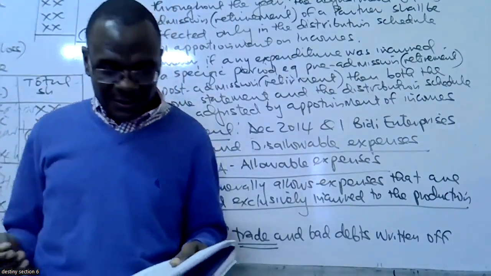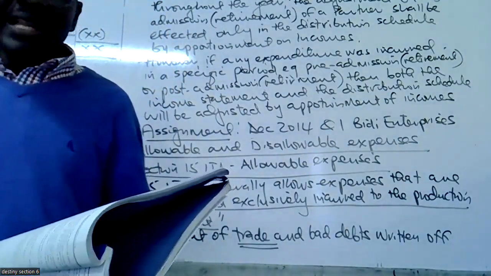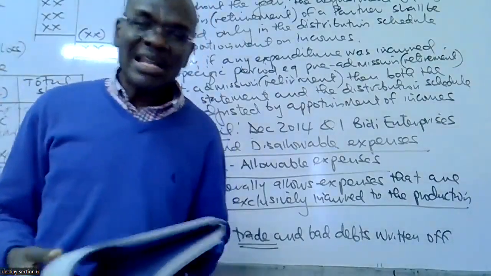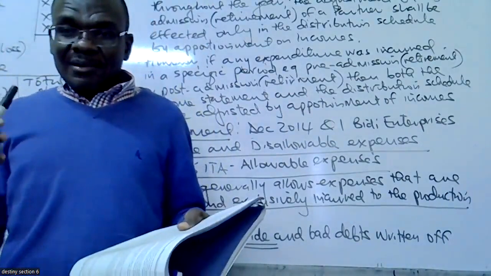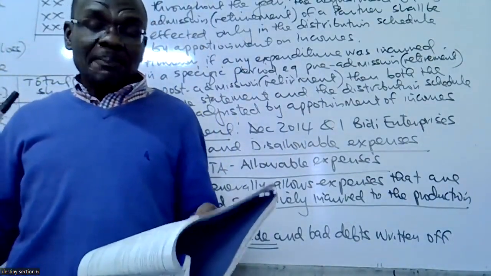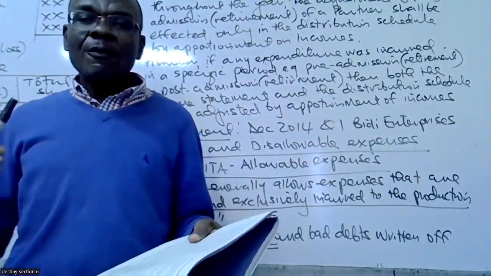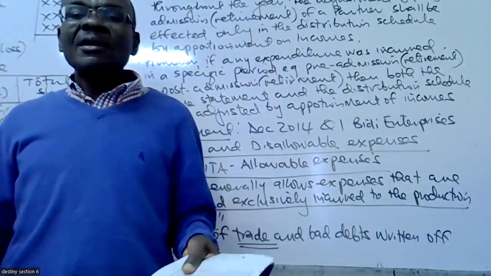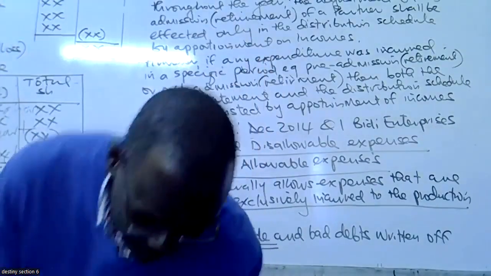Then number 6, we have legal expenses. So the legal expenses that are specifically allowable include A, for preparation of a lease agreement which does not exceed 99 years.